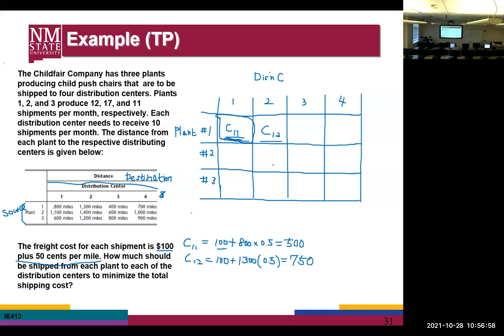Similarly, how much do you have here? 100 plus 400 times 0.5. That's going to be 300. How about here? That's going to be 400.